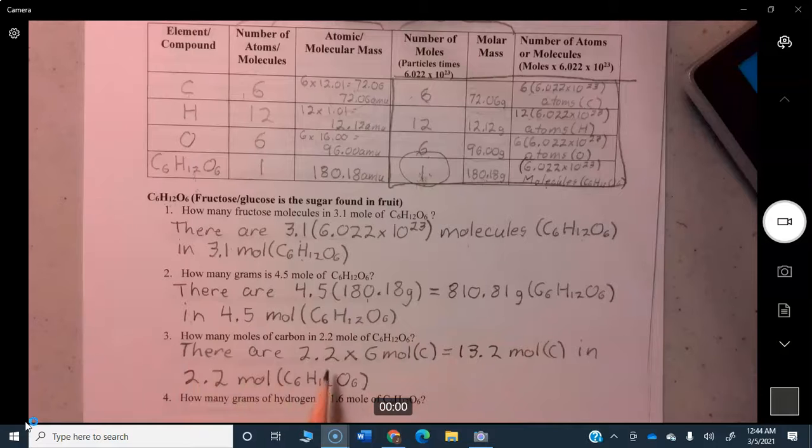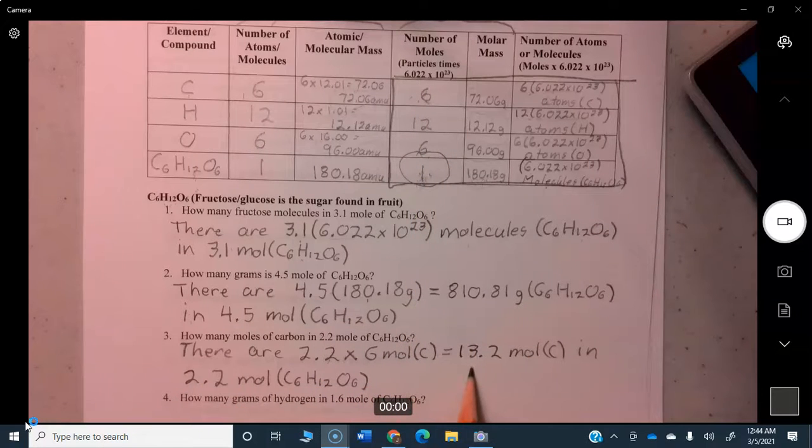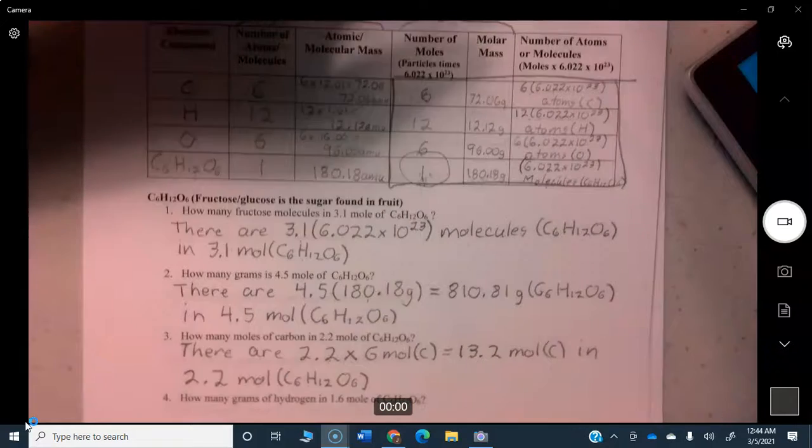Okay, so there are 2.2 times 6 moles of carbon, which equals 13.2 moles of carbon in 2.2 moles of sucrose.